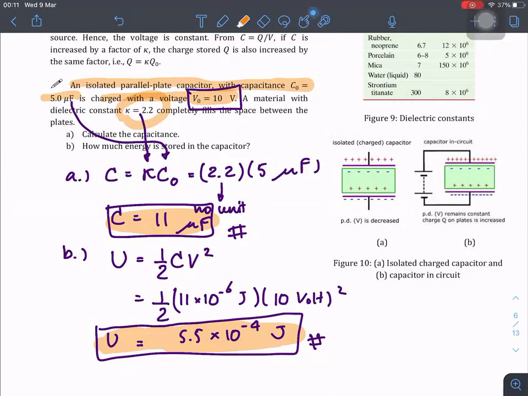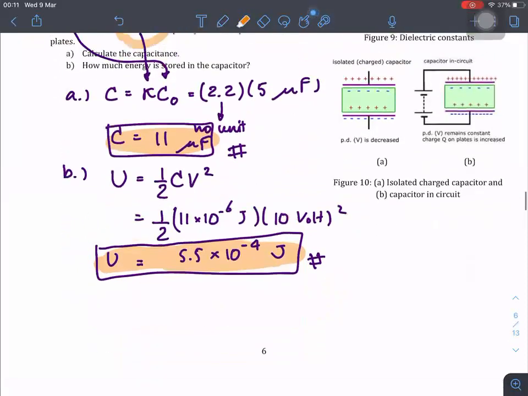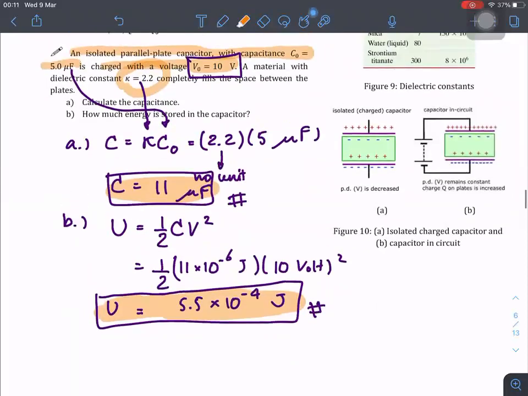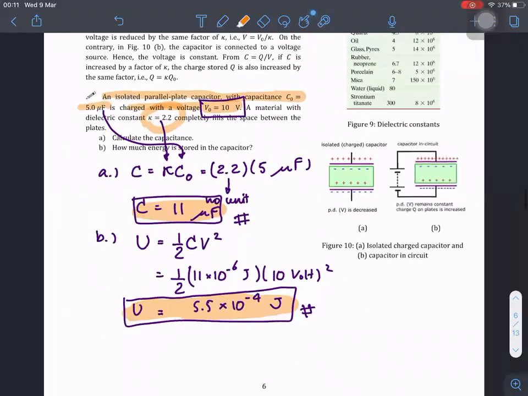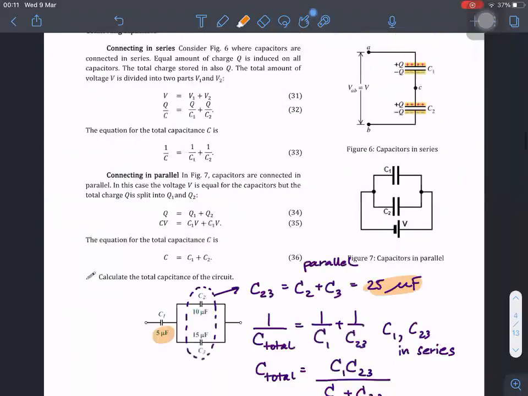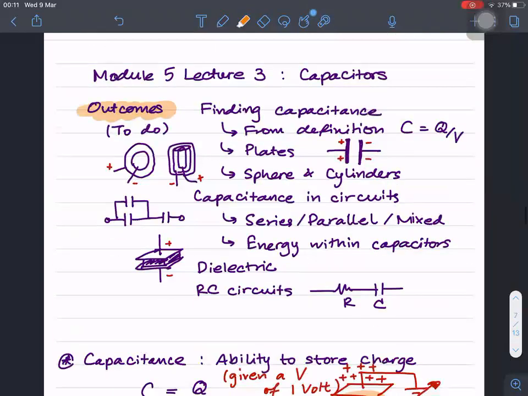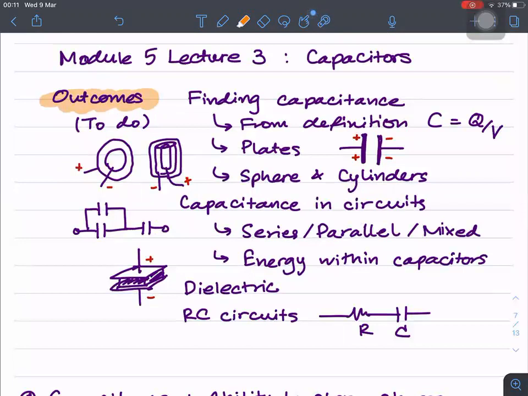So that is all the equations in this handout. In a nutshell, what we have been talking about was simply answering the learning outcomes that I showed you for all the parts, except the RC circuit that we will talk about on Friday. Finding the capacitance from definition, we have done it. The plates, we have done it.